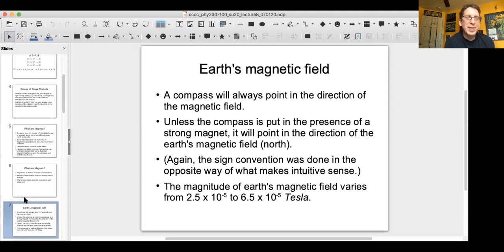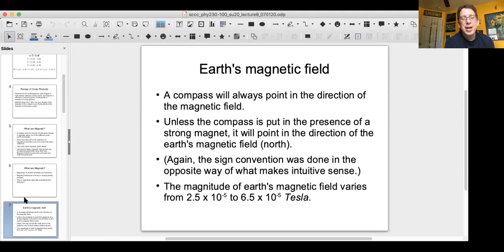But one thing to keep in mind, the compass is pointing north, which is in the direction of the magnetic field. And remember, magnetic fields point out of north poles and into south poles. So it's a little bit counterintuitive. So you'll need to be careful with that.